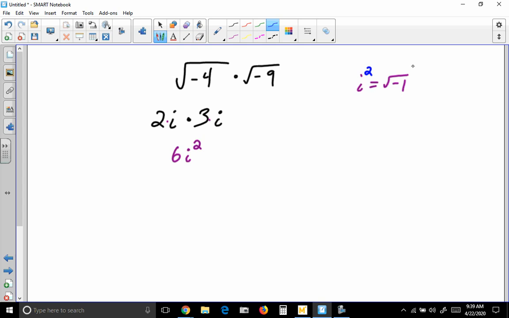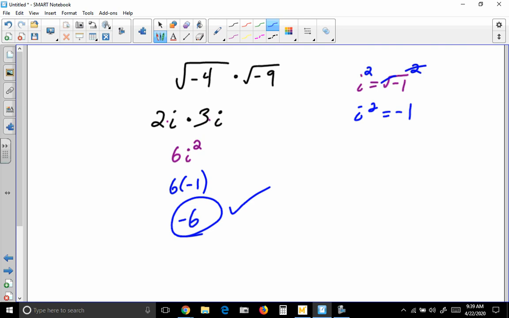But if we square the left, we have to square the right. So I squared is equal to -1. So in place of I squared, we put a -1. 6 times -1 is -6. So -6 is how we get that. We just have to be careful, make sure we simplify it in terms of I before we multiply anything together.